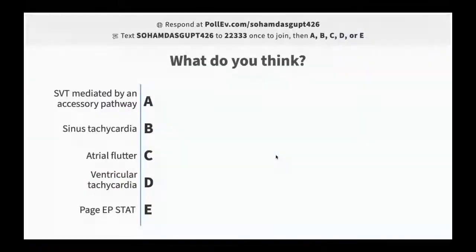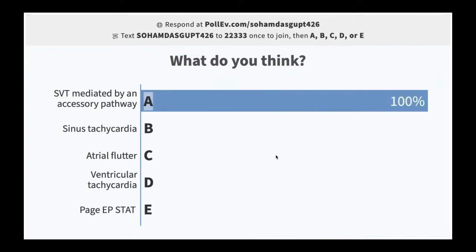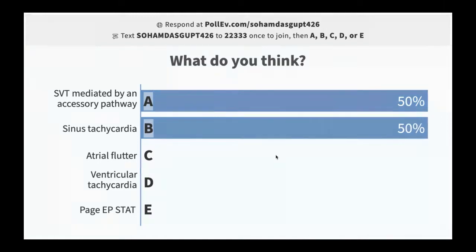Here is the poll. So feel free to put in your answers. And if you want, I can go back. Yep, there you go. All right, so I can see some folks answering already. I'll give this about 10 to 15 seconds. Looks like we're having a nice battle between SVT and sinus tach.